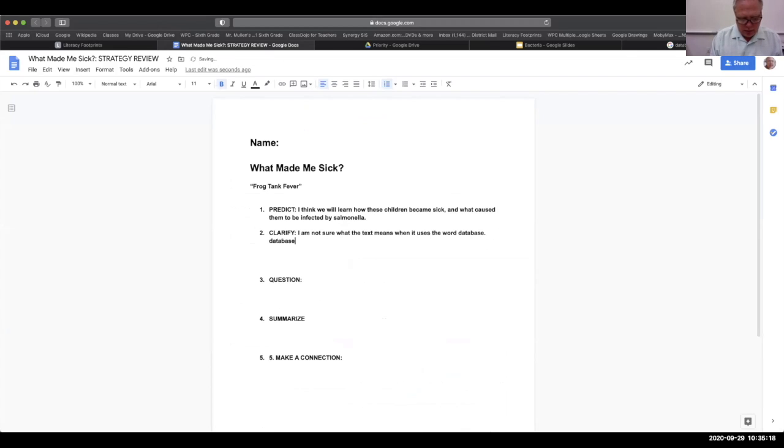Database, according to the dictionary, right, is a collection of data that is organized for easy retrieval or understanding.